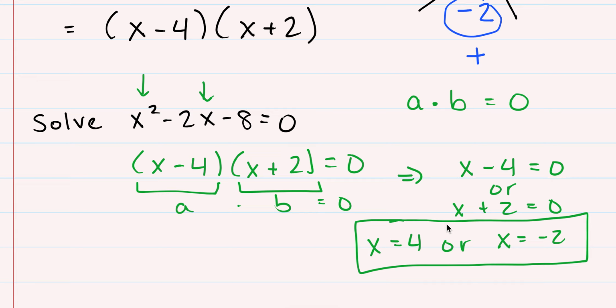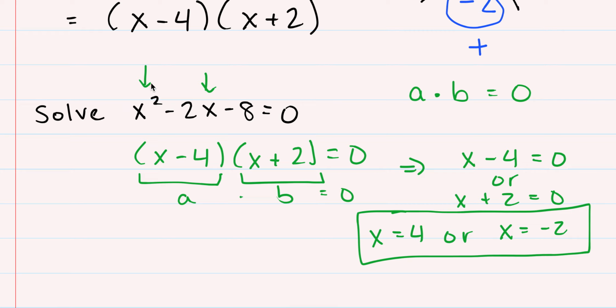So that's solving for x. And you can double check this. Plug in 4, you'll get 16 minus 8 minus 8. Well, that is 0. And the other number that works is if you plug in -2, you'll get 4 plus 4, which is 8, and 8 minus 8 is 0.